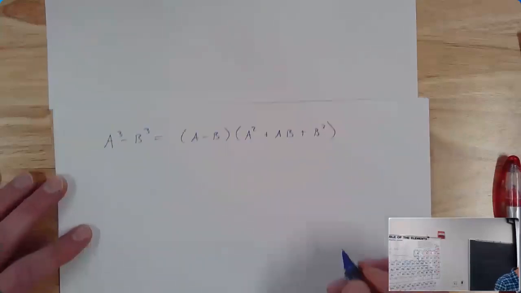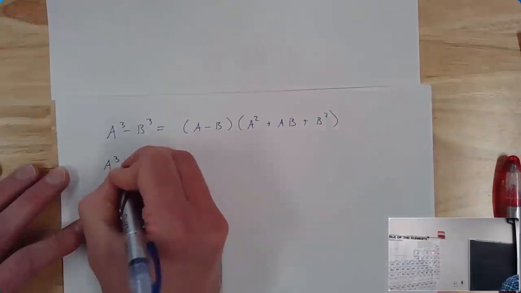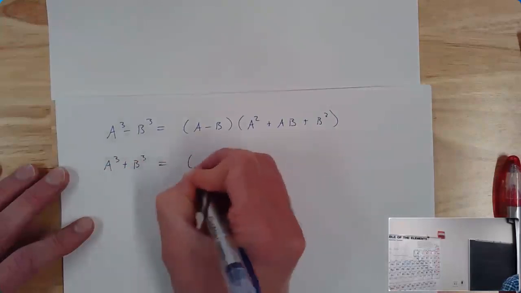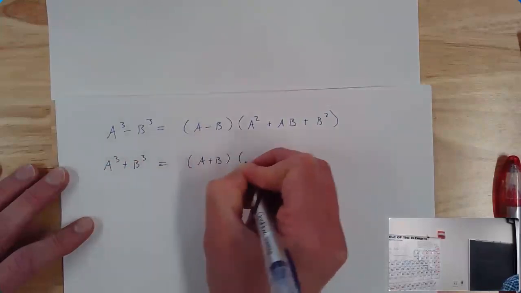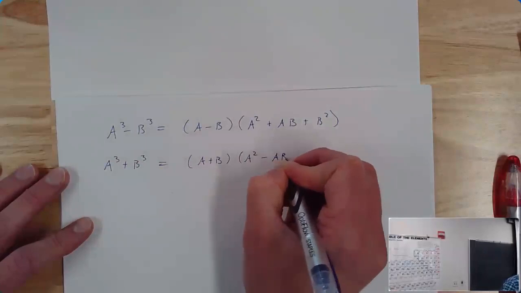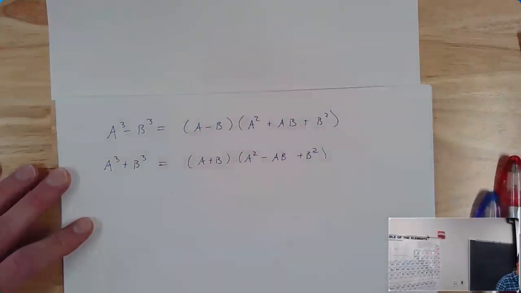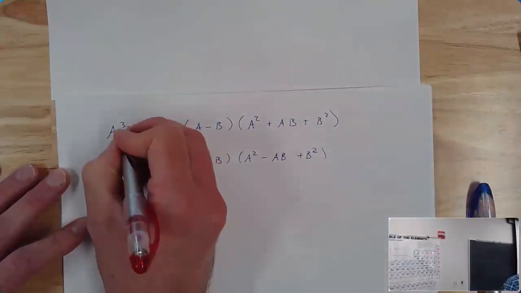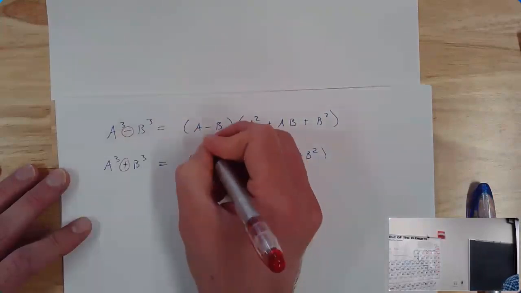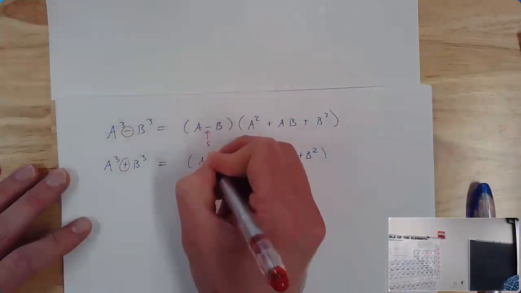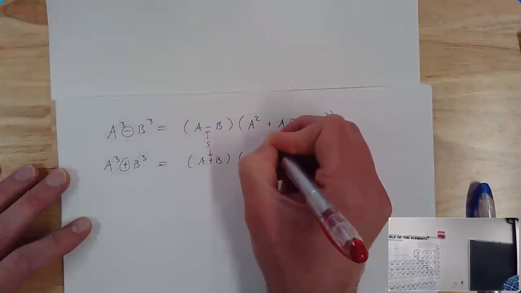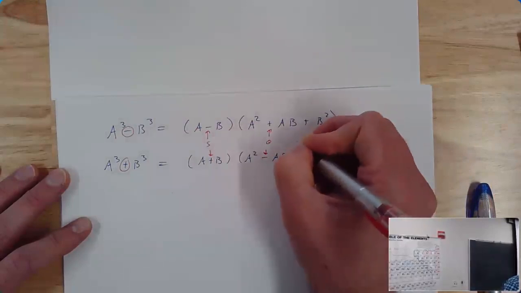And just to be complete, a sum of cubes also factors in a similar way. A plus b times a squared minus ab plus b squared. The reason we say it's SOAP is because if you look at the sign here, then the sign here is the same, the opposite, and always positive.